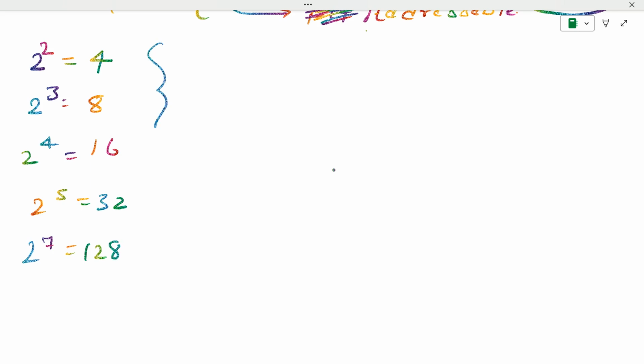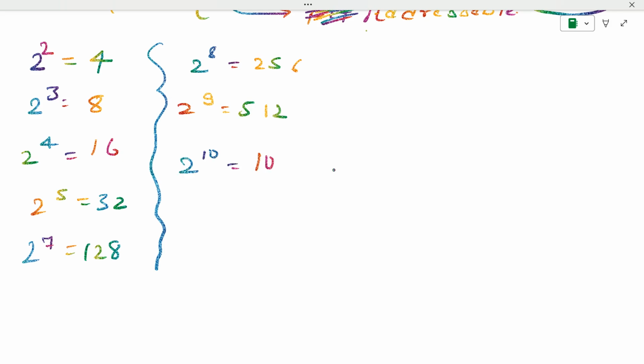Similarly, 2 raised to the power 8 is 256, 2 raised to the power 9 is 512, 2 raised to the power 10 is 1024, and 2 raised to the power 11 is 2048, and so on.